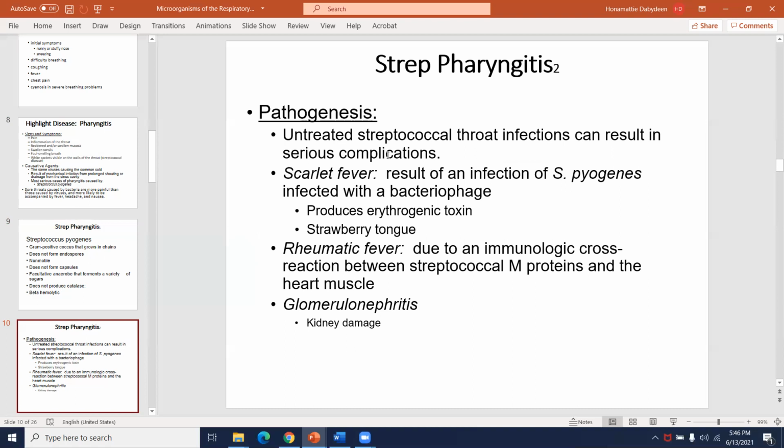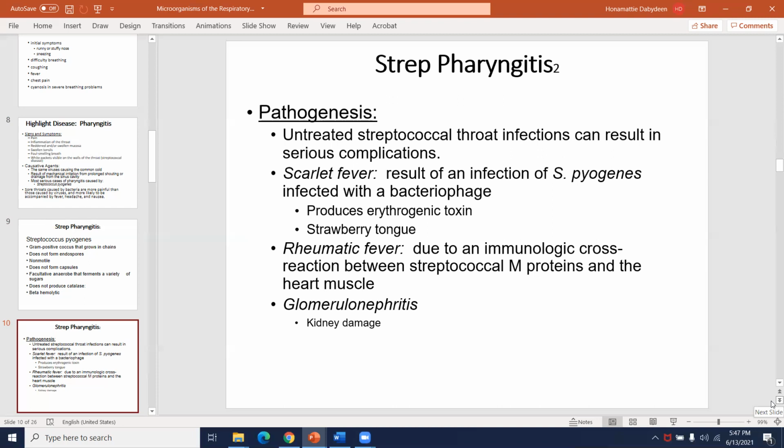So what about this organism that is causing or that can cause so much damage? The mere fact that this organism can cause so much damage is telling you that it does have some very powerful weapons against you. Because remember, your immune system is really a very powerful weapon there too.